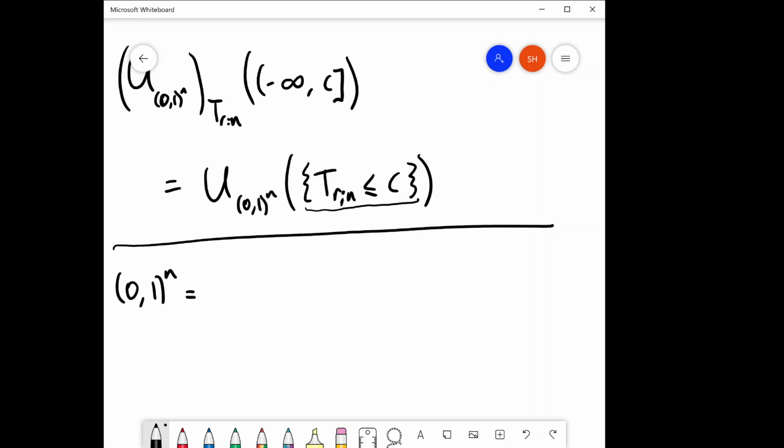into this disjoint union here. So I'll explain this in a moment.